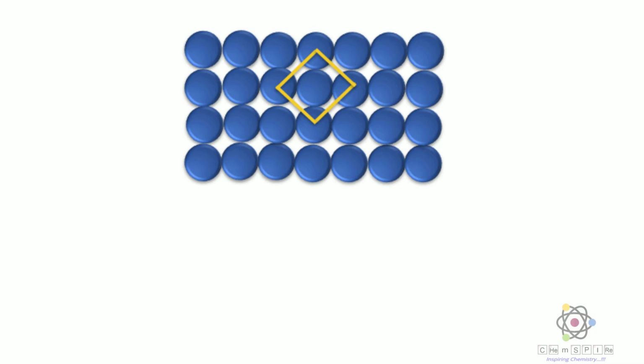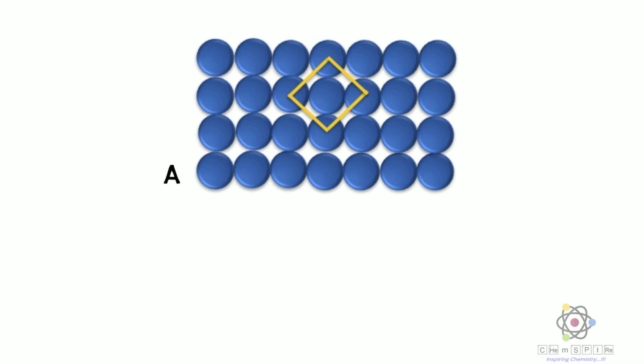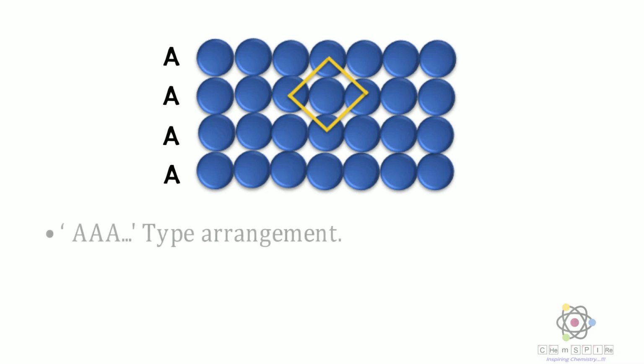The spheres of the 2 rows are aligned horizontally as well as vertically. If we call the first row A type, the second row being exactly the same is also A type. So we get an AA type of arrangement.